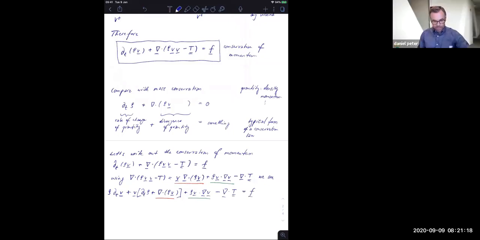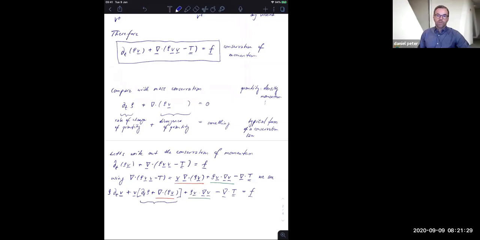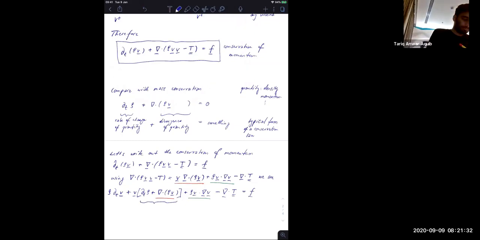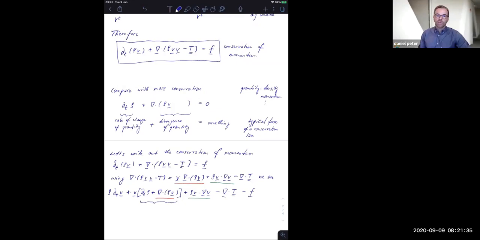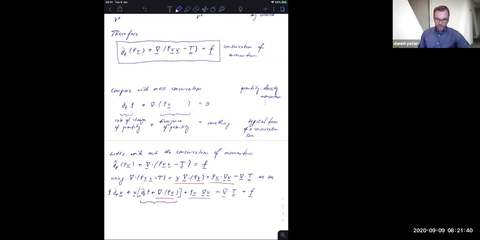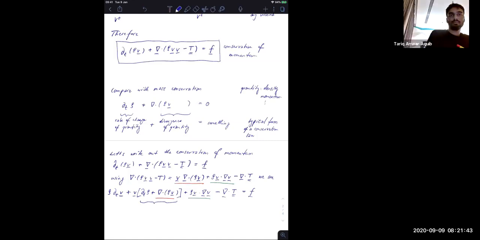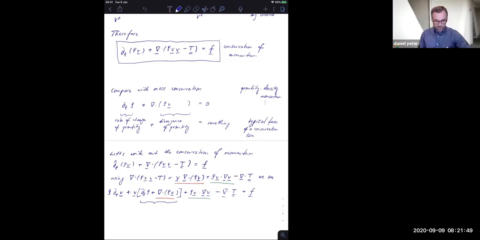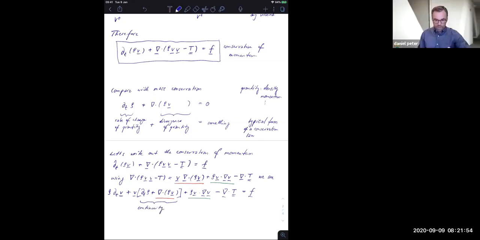Okay, now the whole exercise, why we rewrote it this way, is because of this term here. So look at the typical form of the conservation law for mass, which we just wrote above. What we see here is the conservation of mass, or if you want, the continuity equation, which means that this term vanishes, so it's equal to 0.